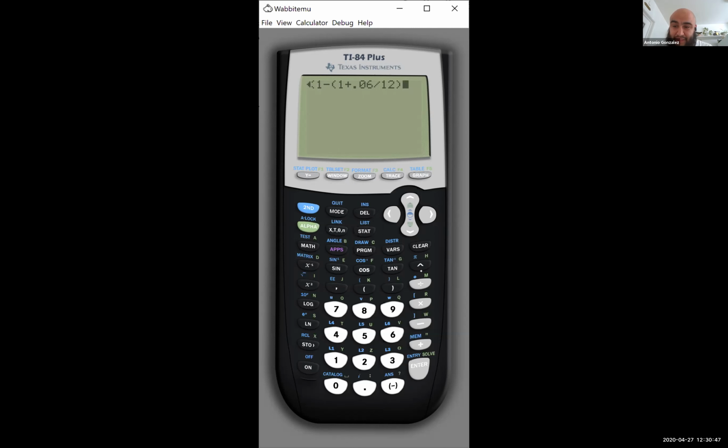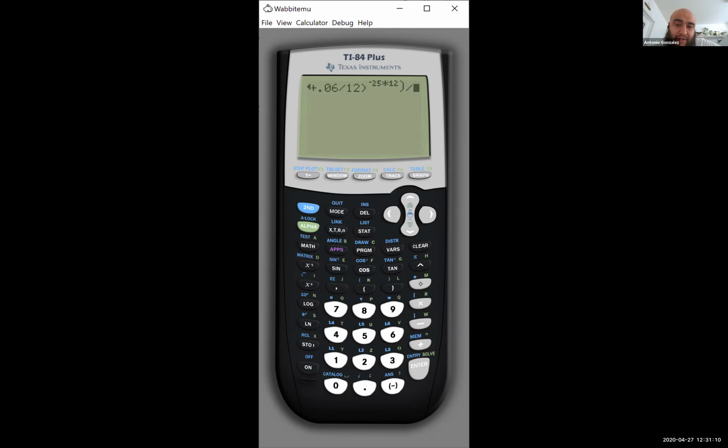Now let me bring in the caret. And then from here, I'll plug in negative 25 times 12, and then I'll get out of the exponent. I'll close my parentheses, and from here, I'm going to hit divide. Here, be careful.